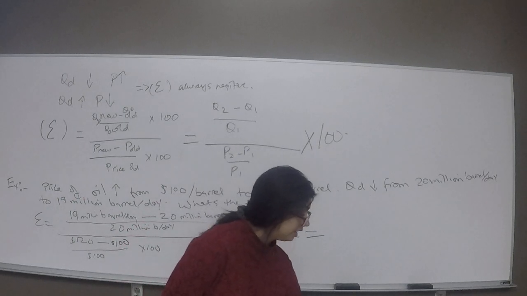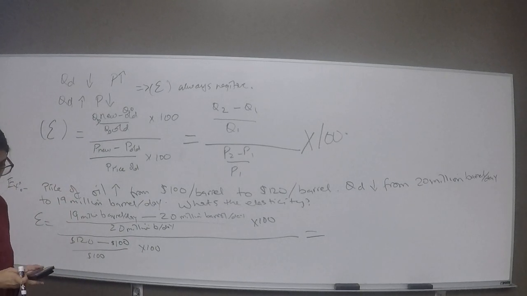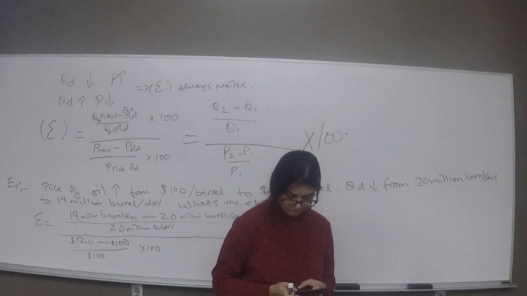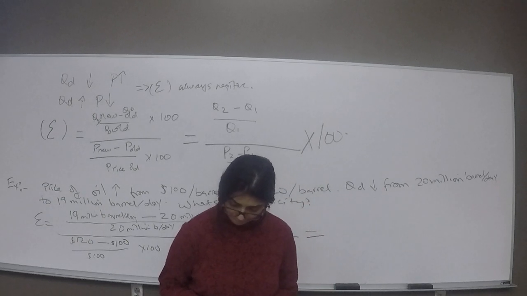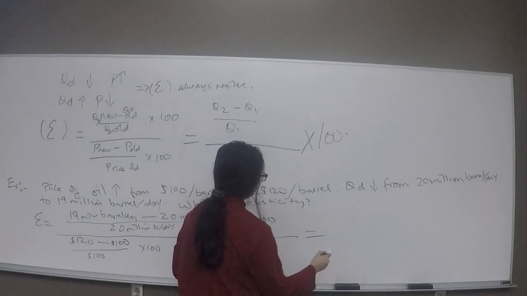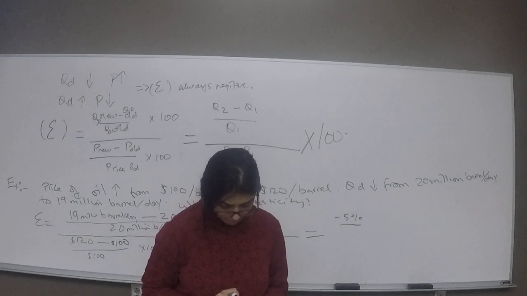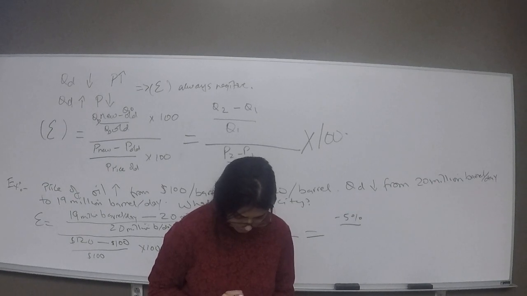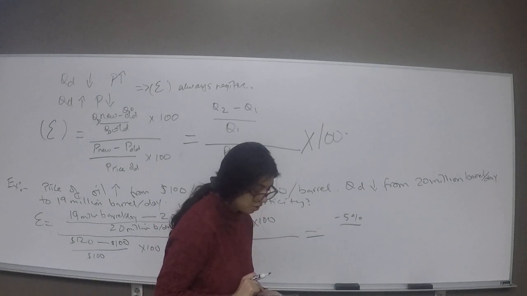Let me do it on my calculator. Negative 5% on the top divided by 120 minus 100 divided by 100 times 100 is 20%.